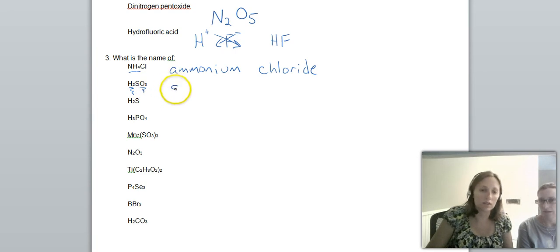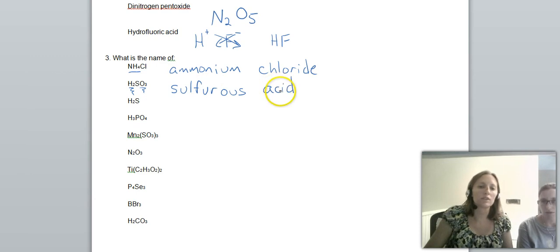So this is sulf. And then you have to think about ous. A lot of people will put sulfus. That sort of makes sense, except it sounds silly, so they decided to go with sulfurous. So that's sulfurous acid.